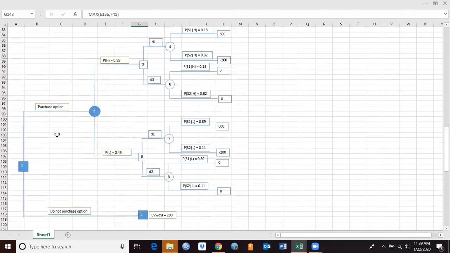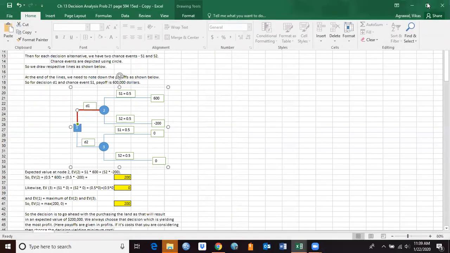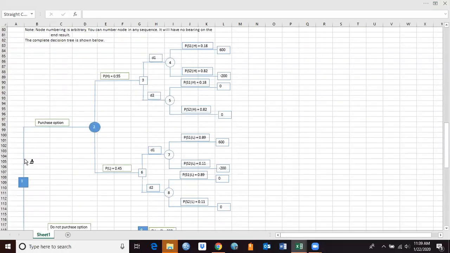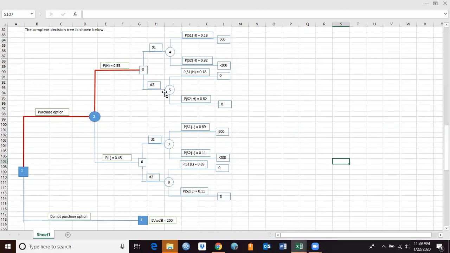So I'm going to go ahead and highlight those cells. What I can do here is just copy the format here. Okay, that works for me. So if the resistance is high, then we're not gonna buy. Not the entire thing. Let me highlight this one.